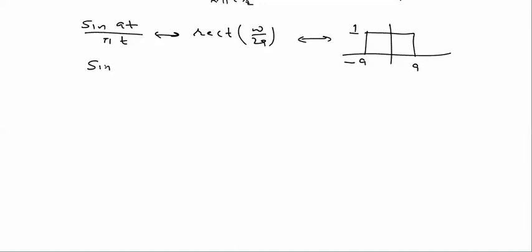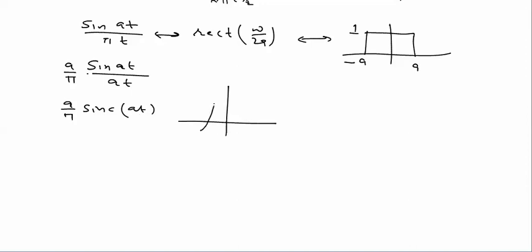For drawing the other function, we first have to write it as a sinc: a upon pi sinc at. Now I can draw. The height of this is a upon pi. The first zero crossing is pi by a. So with this idea I can draw both diagrams.